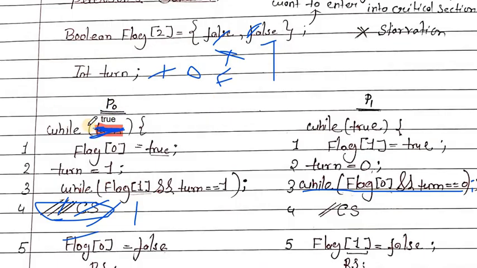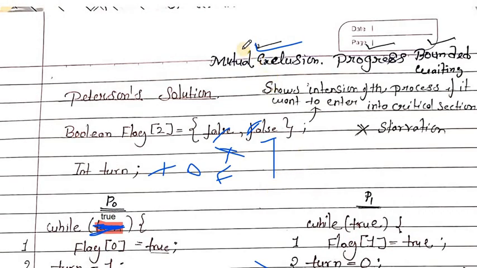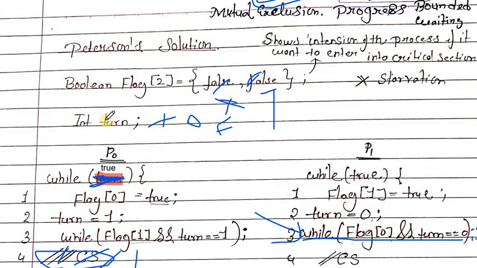While process P0 is in the critical section and process P1 tries to enter, it is unable to enter, not allowed into the critical section. It is stuck in the while loop. This verifies the mutual exclusion condition.